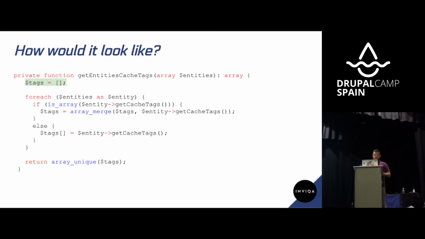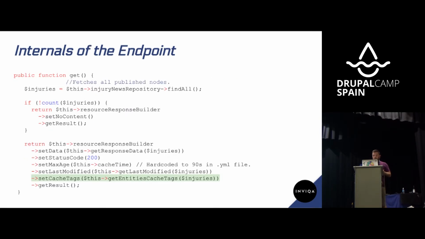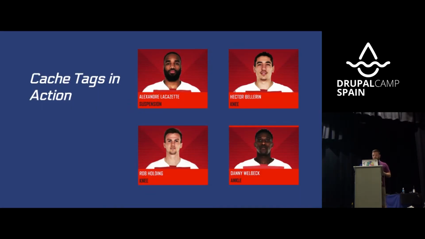We would start by creating an empty array for our tags, looping over our 4 nodes, or however many there are, merging all of their cache tags into one big array, and then returning the unique ones without duplicates, if there are any for whatever reason. And this would then be set as the cache tags on the endpoint. That method for setting cache tags exists because the endpoint implements the cacheable response interface. So we have those helpers.